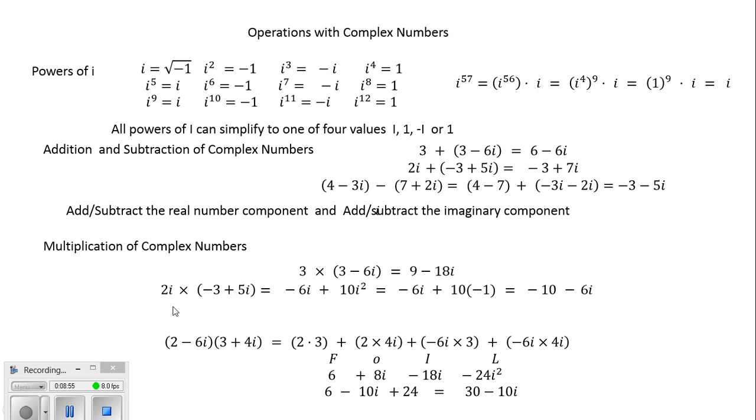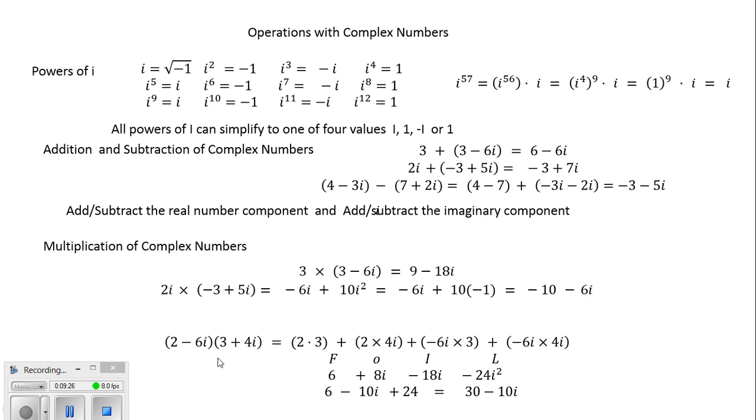Likewise, 2i, the imaginary number, times this complex number: distribute 2i times negative 3 is negative 6i, and 2i times 5i is 10i squared. Of course, i squared, we should remember, is negative 1. So that goes to negative 10, which becomes negative 10 minus 6i. Again, we typically keep the imaginary part of the complex number written second.